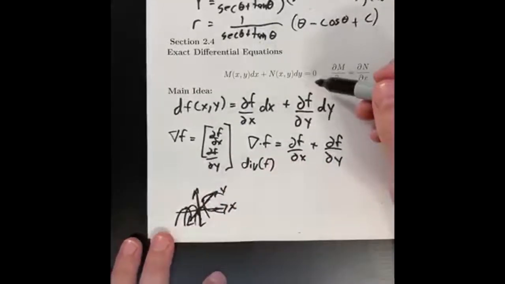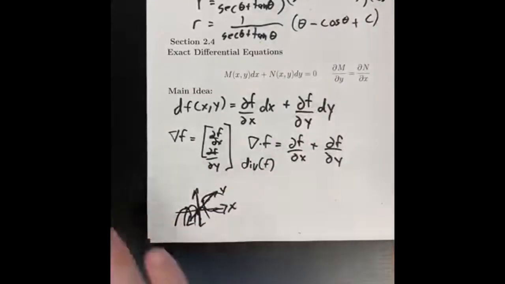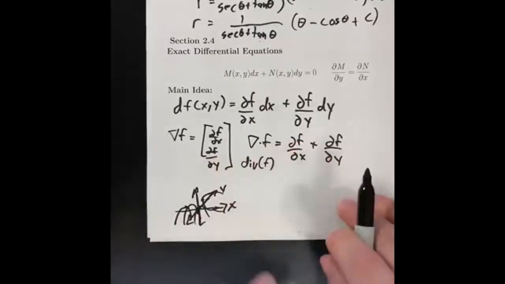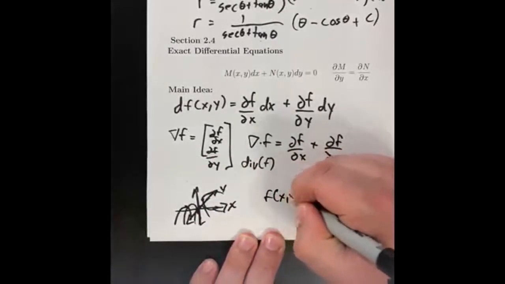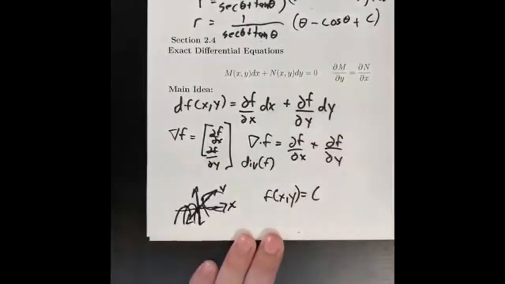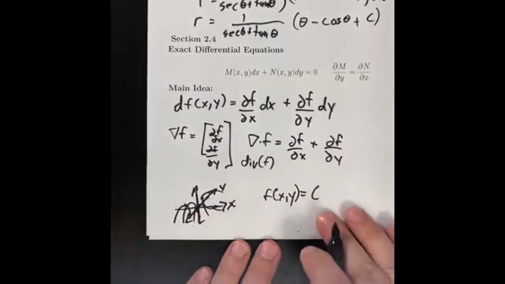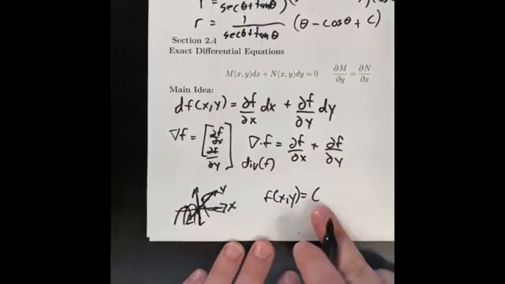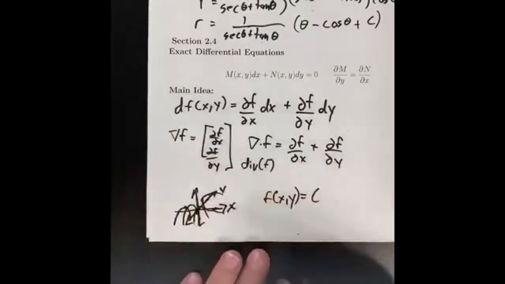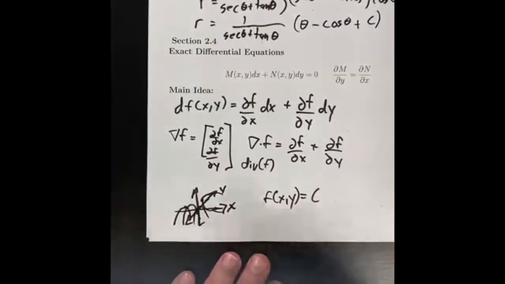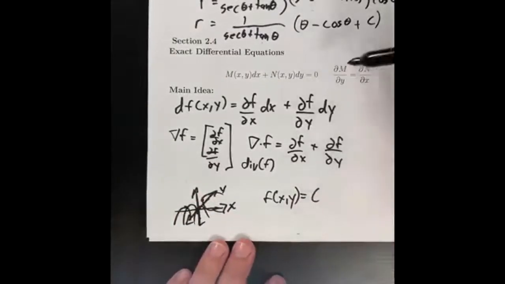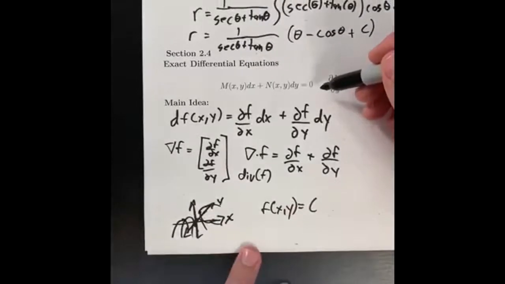The solution to this differential equation will be some sort of flat curve. You can think of it as a function where f of x comma y equals some constant c. We pick a c, say c equals 0. There's going to be some curve on this surface where f equals c, and that curve is a solution to this differential equation.